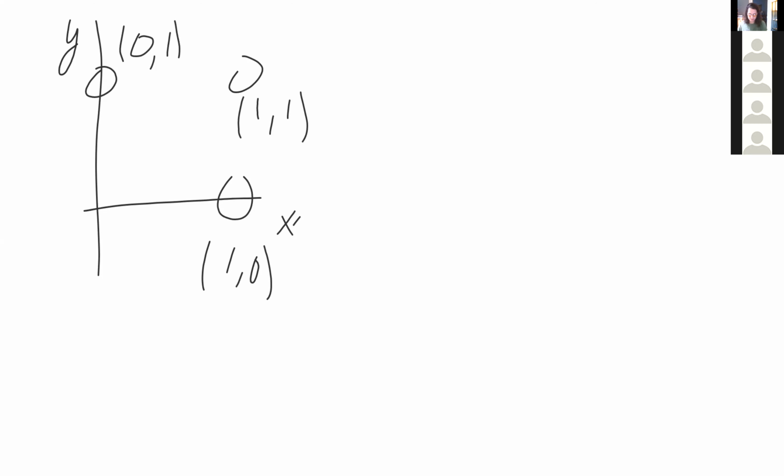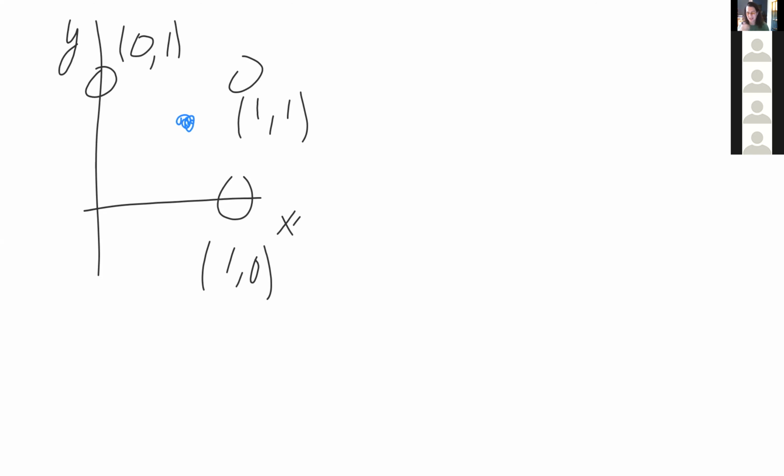This is just a very simple example. If I wanted to find the center of mass of these three particles, it would be somewhere in here, the average position of those three particles.